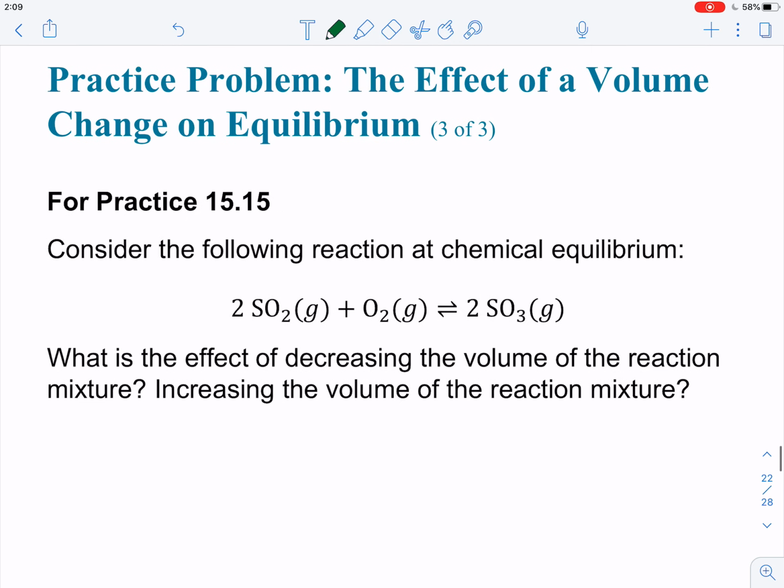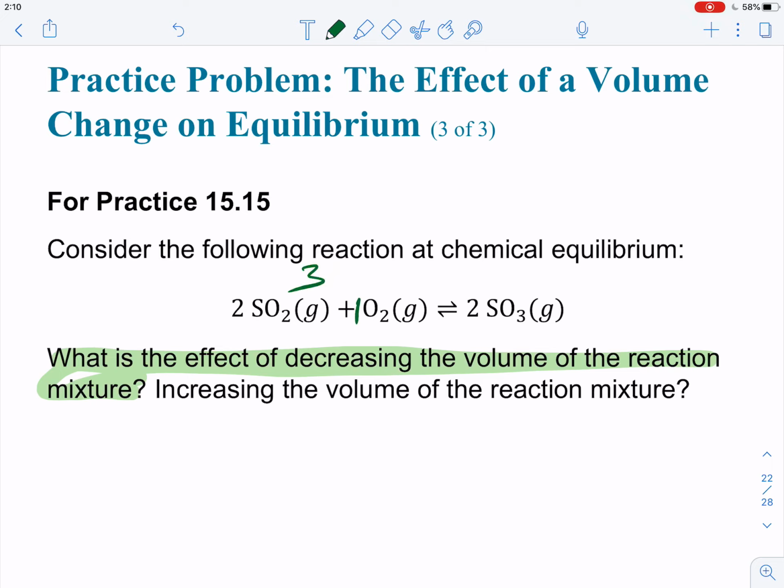So how about this one? If we decrease the volume here, or if you increase the volume. So let's do this one first. What happens if we decrease the volume of this reaction? Okay, and then we have 1 plus 2, that's 3 moles here, and then you have 2 moles there.